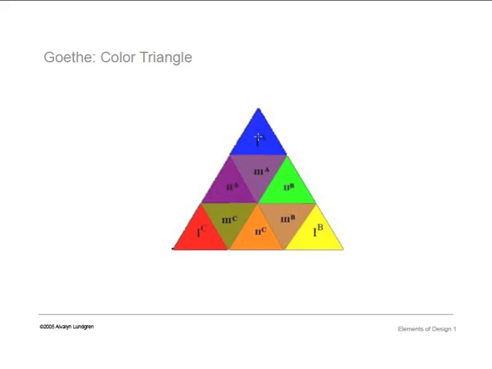So the orange with the blue would make a tertiary color, and the red with the green would make a tertiary, and so on. And so he built a color triangle in this manner, and then divided the triangle up into various segments to describe various personality types and things like that. So he was really into all this, trying to find a practical way to explain color and to use color to describe other issues of life.